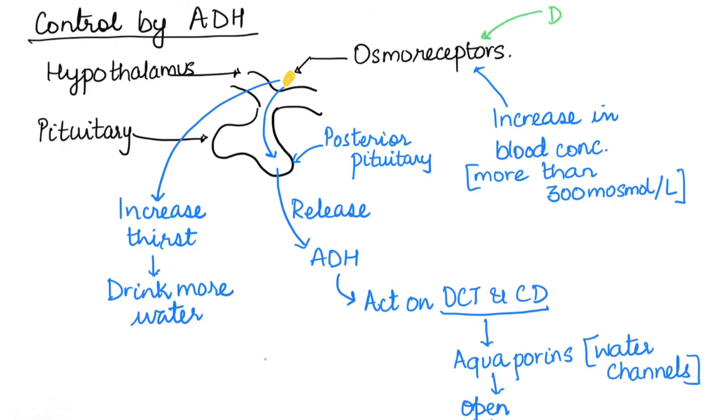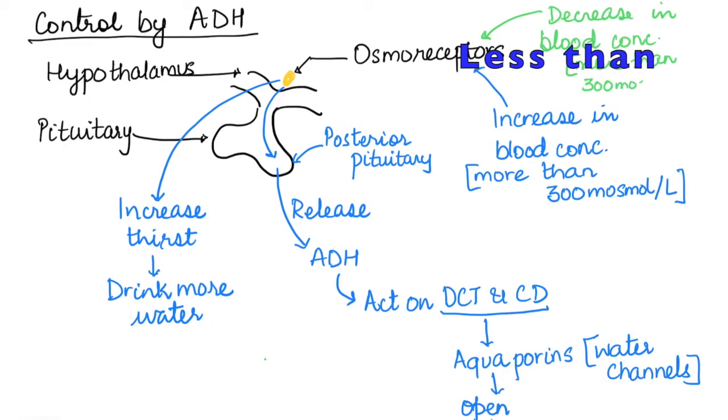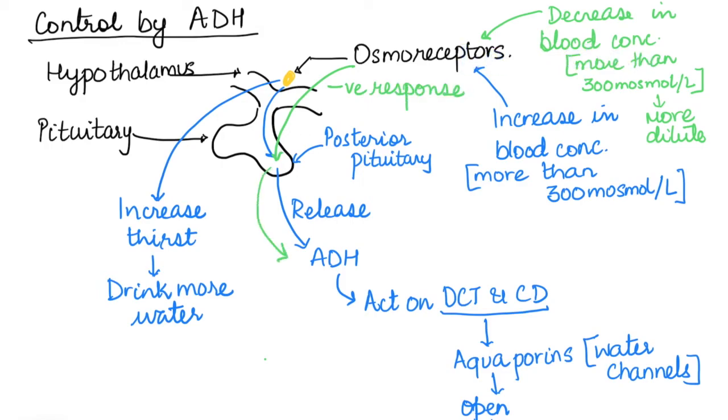Opposite to this, when there is a decrease in the blood concentration, so it is less than 300 milliosmoles per liter in the blood, then the blood becomes more dilute. That means the blood now has more water. This is again detected by the osmoreceptors, which give a negative feedback to the posterior pituitary and it stops releasing ADH.